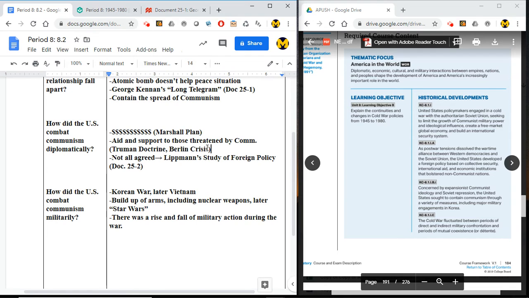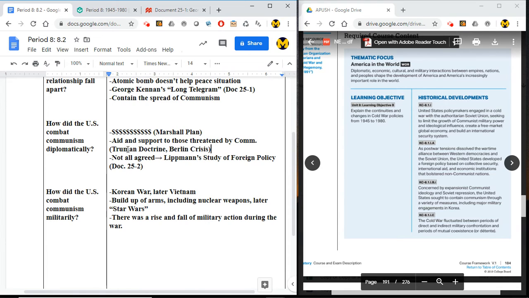And so Truman says, if you are threatened by communism, we will help you. Similar to how, in the Monroe Doctrine, if you're coming over to the Western Hemisphere, you are subject to us standing against you. Okay. The idea of if this thing happens, the U.S. will respond in this way.